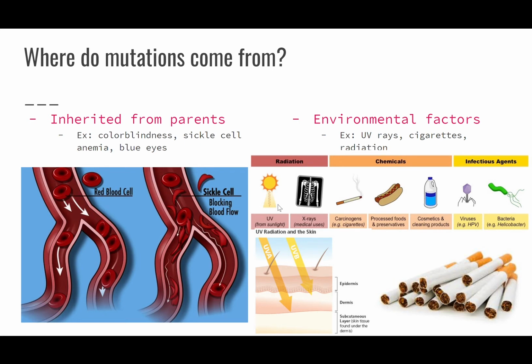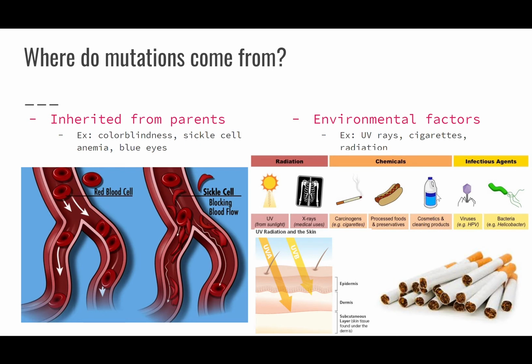For example, radiation. So UV radiation from the sun is one of the number one causes of mutation. And then, of course, X-rays less frequently. Certain chemicals, carcinogens, right? In cigarettes, for example, there's a lot of them. But there might even be ones found in food, right, with certain preservatives or with certain cleaning products or other things like that.